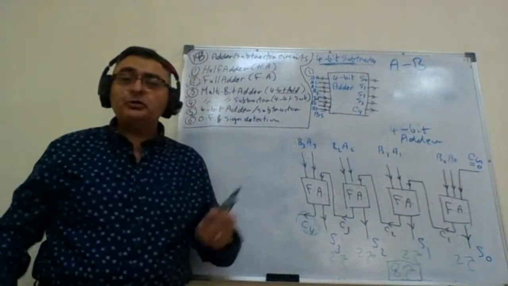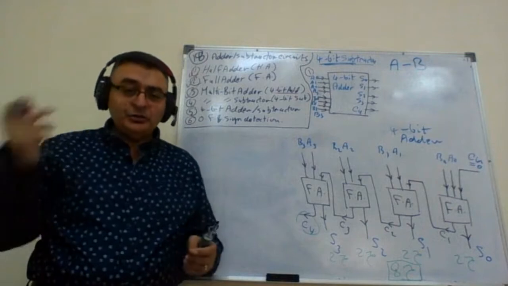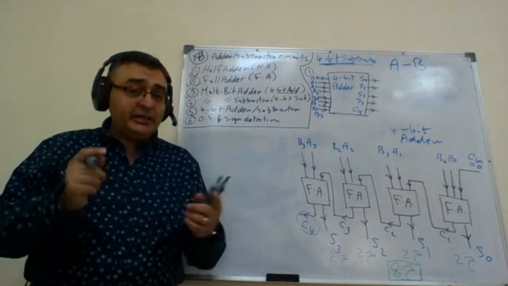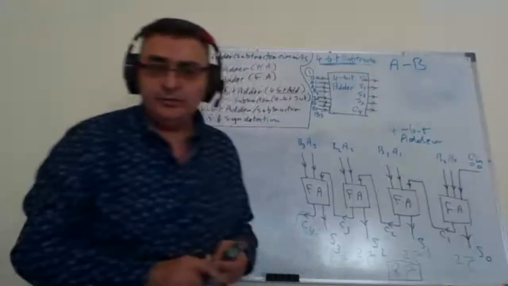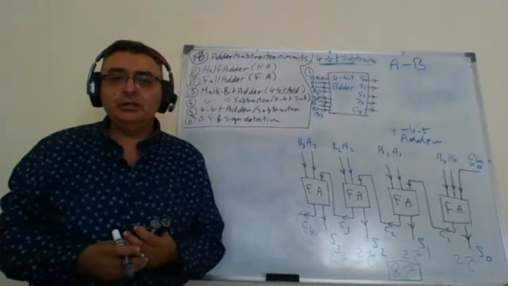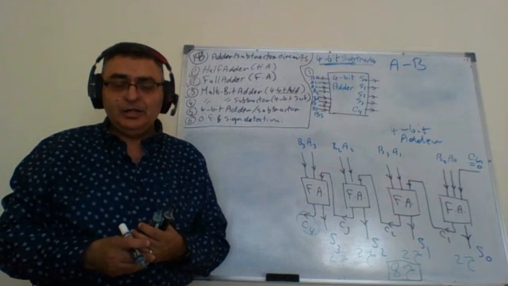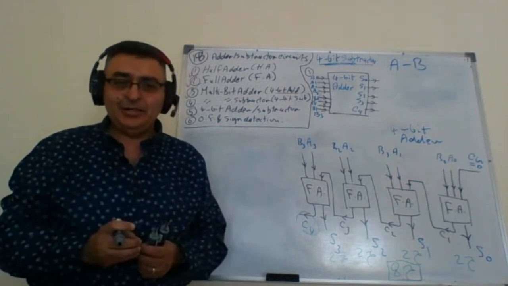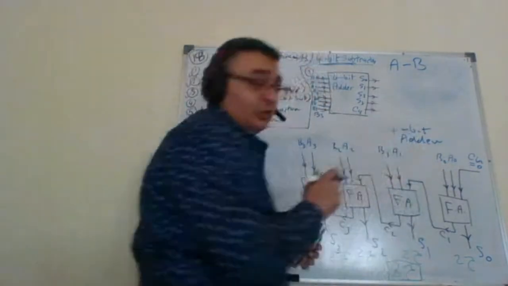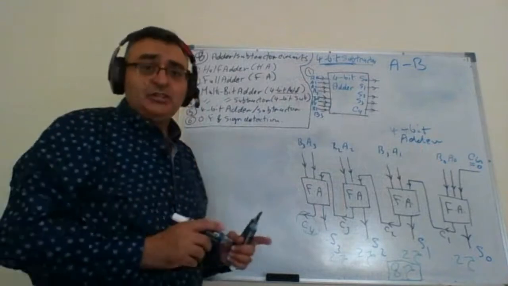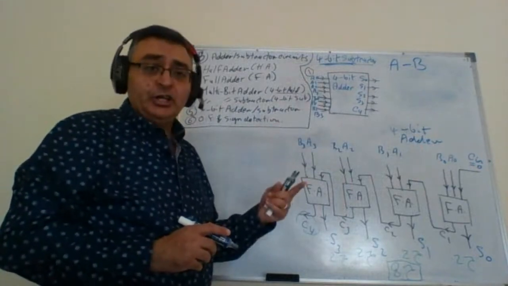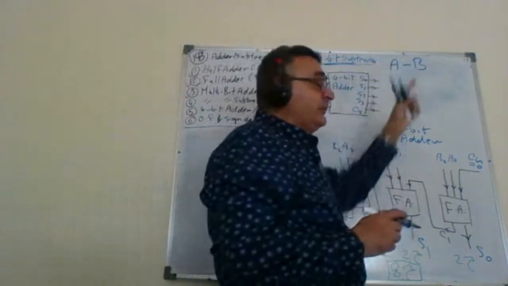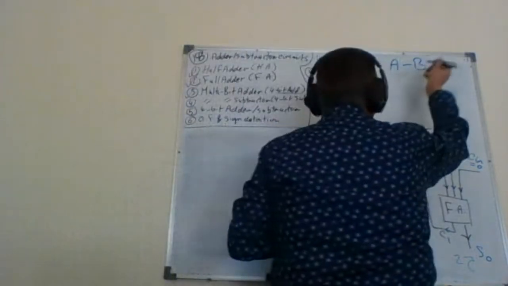We didn't do actual subtraction. Do you still remember the technique that we utilized for subtraction in chapter number 1? The technique is called the complement technique. In chapter number 1, we succeeded to change the subtract operation into an addition.